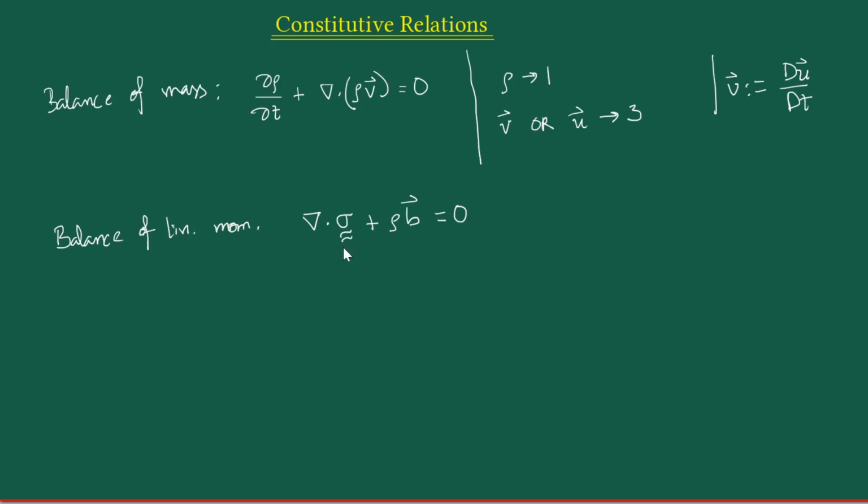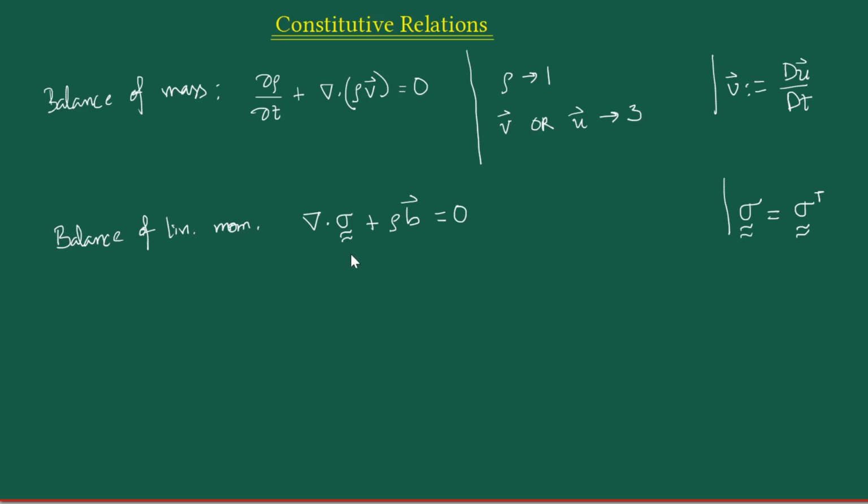I am implicitly embedding within this equation the information that sigma is equal to sigma transpose. And if you remember from the previous chapter on stress, I had mentioned that from the balance of angular momentum, we arrive at this equation provided we don't have any body couples present. So you can consider that from this balance of linear momentum, where we actually use the balance of mass and we're also using this balance of angular momentum, all of that information is encapsulated in this equation.